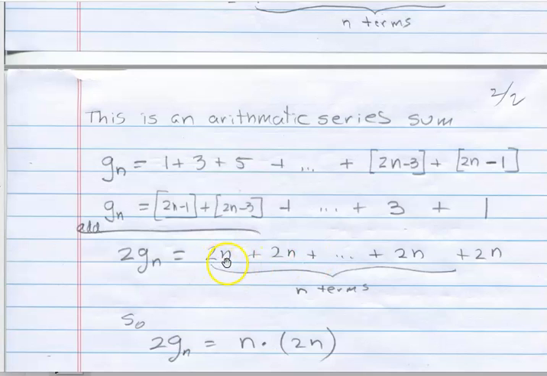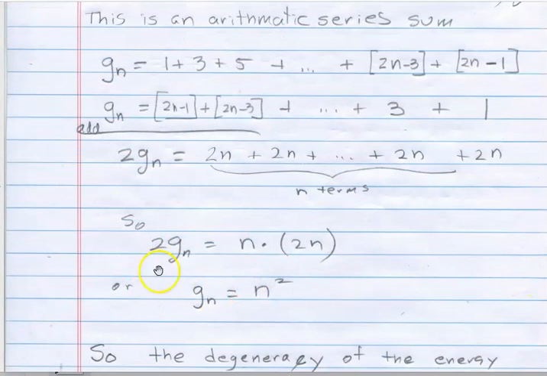And then obviously, rather than adding them up, if I have 2n and I've got n of them, then I can get the whole sum here as just the number of terms times the value of each term, which is 2n. And dividing through by the 2, I see that the total degeneracy of the nth level is just n squared.